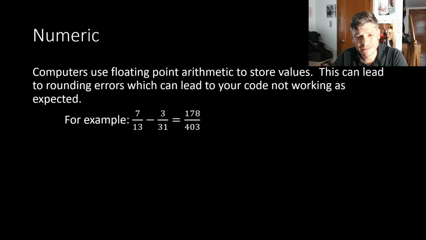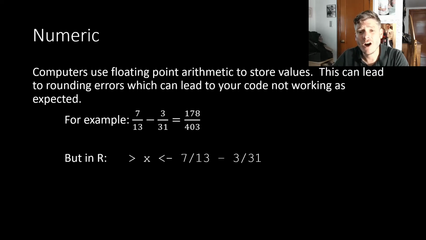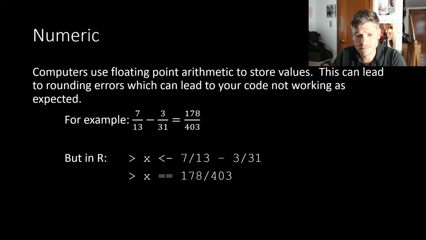Now, however, if I tried to run this in R and I subtracted those two fractions and stored that value in x, so if I subtracted 7/13 minus 3/31 and stored that in my variable x, and then checked, does x equal the value 178/403?